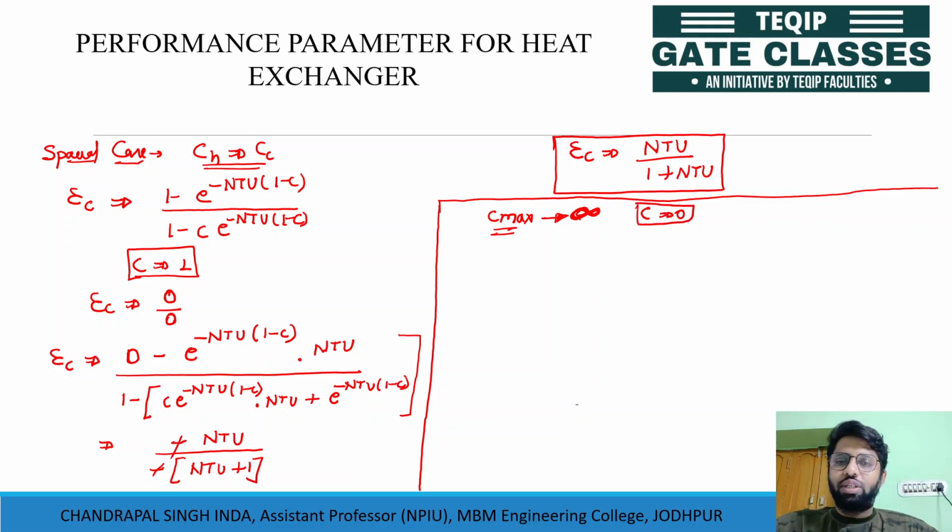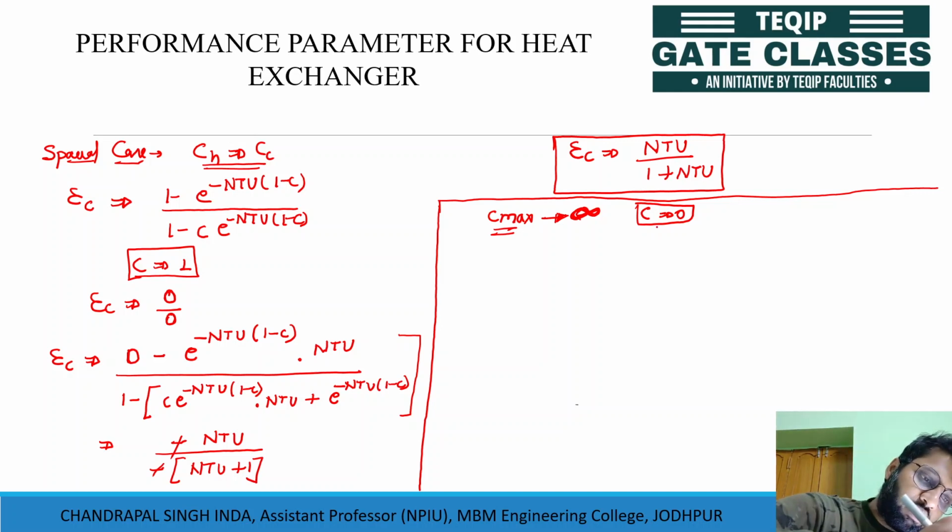So with C equal to 0, we can put the value of C in the expressions of the counterflow and parallel flow heat exchangers. By this we will find the expression for the effectiveness of the phase change type of heat exchanger.